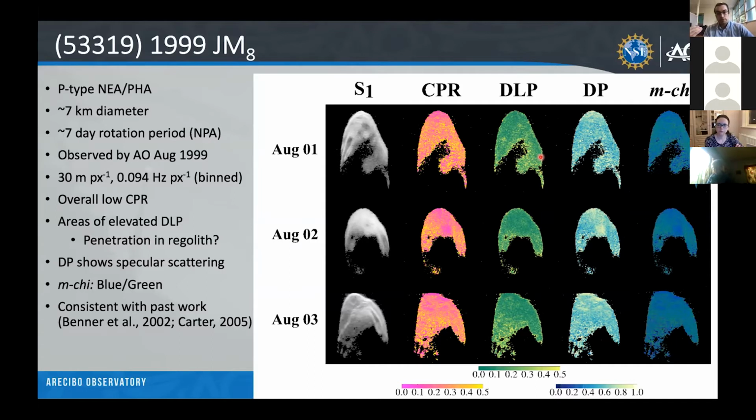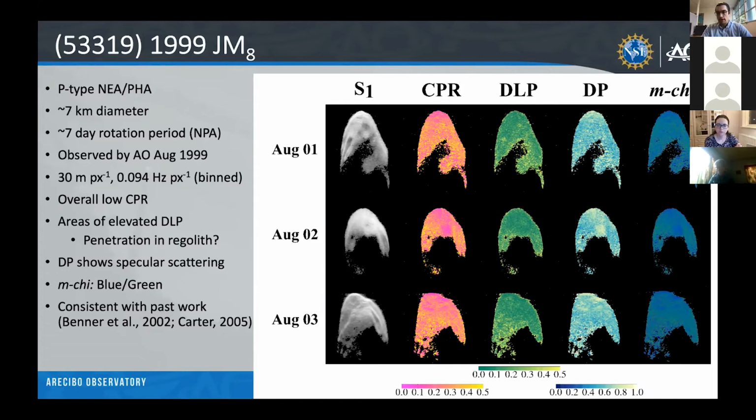What's particularly important is that the values increase as we go from the leading edge here at the top of the asteroid down to the trailing edge, where the geometry of the observation is such that the incidence angle is increasing from the leading edge to the trailing edge. Based on work in radar polarimetry on Venus and the Moon, this is an indication of subsurface scattering occurring, which could hint at a possible regolith on this object.